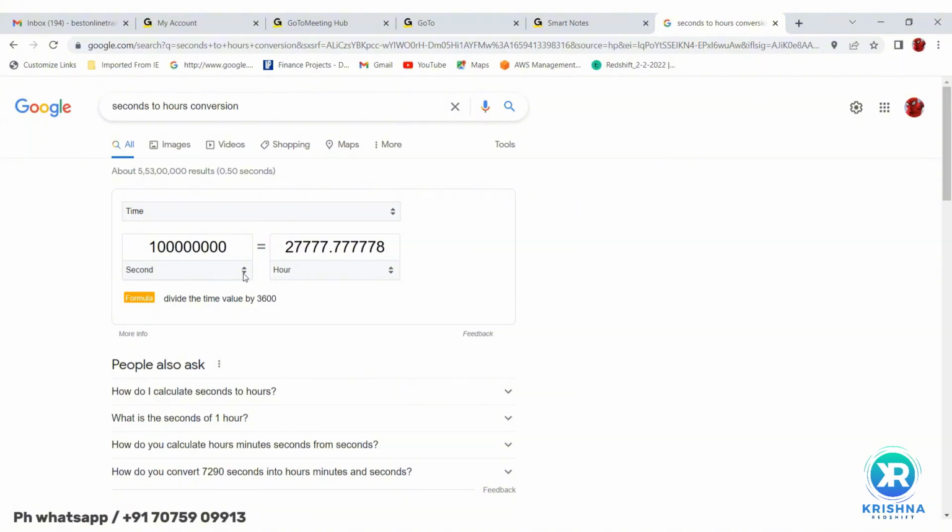I said one record takes 1 second. Now let's say one record loading takes 1 millisecond, which is a 1000th part of 1 second. You have 100 million records, and each takes 1 millisecond, so 100 million records will take 27 hours. But this is also too high. Obviously, with 100 million records, it will be like this.